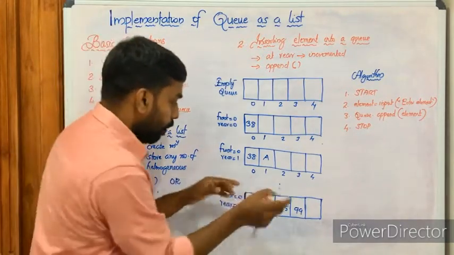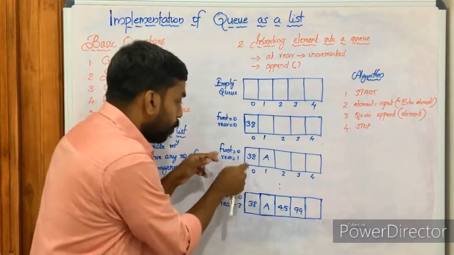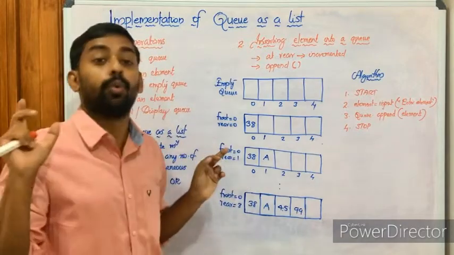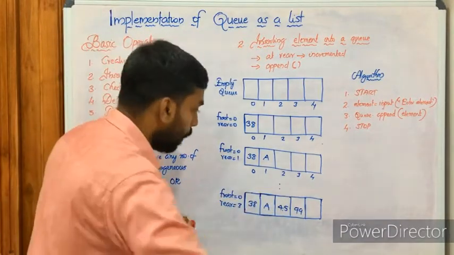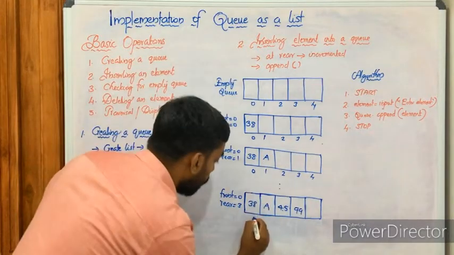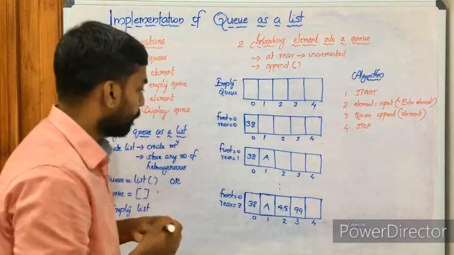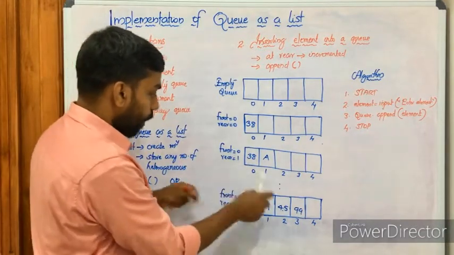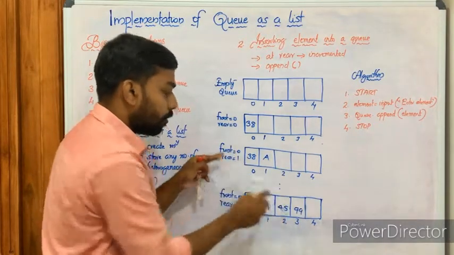Then suppose we have 4.5 as a third element. At the time front will be 0 and rear will be 2, because 4.5 is stored here in index 2. These are the indices. So after inserting 4.5, which will be at 2, rear points to 2.